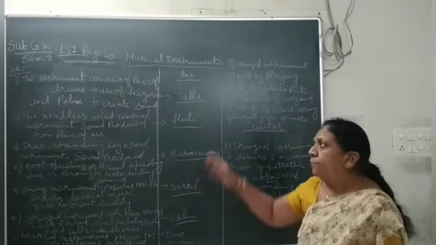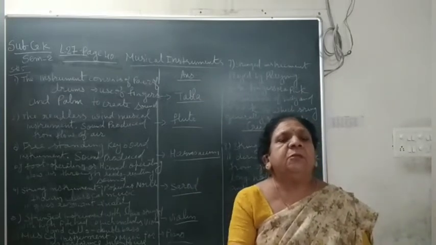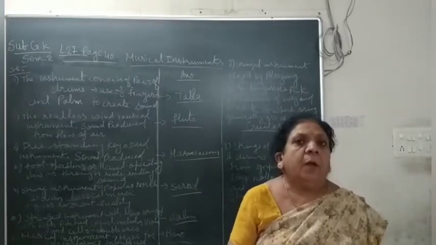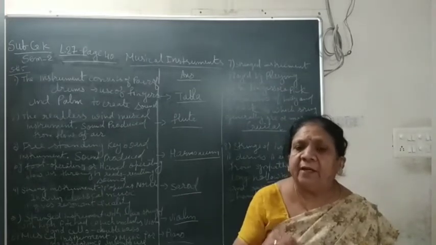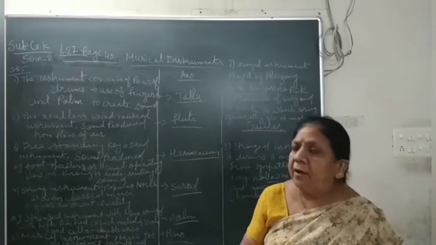I have written some points on the board, but in the textbook complete explanation is given. So you read when I am sending this video, and I will be sending the notes of this too. Please make a GK notebook and write in your different book.